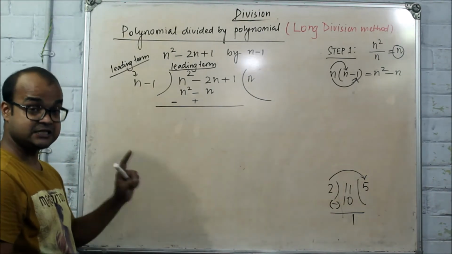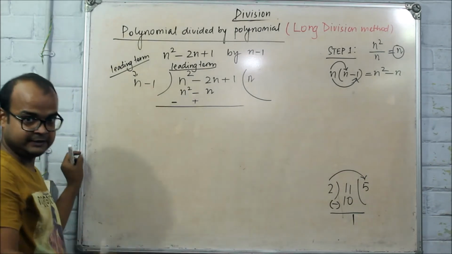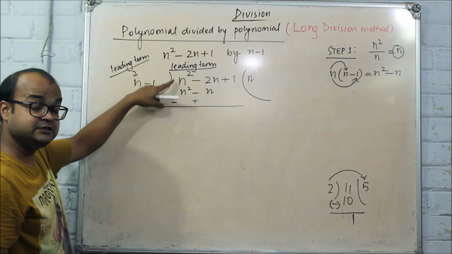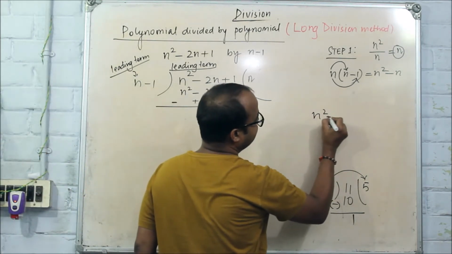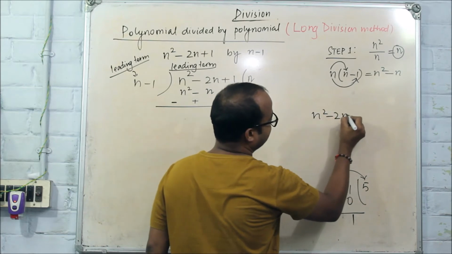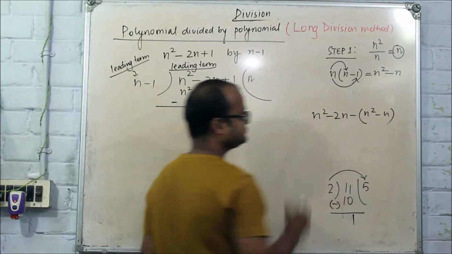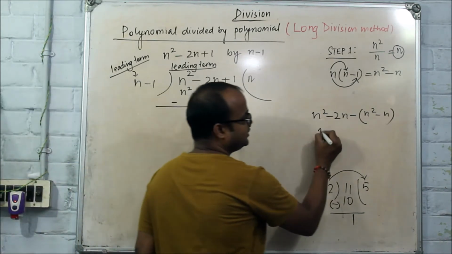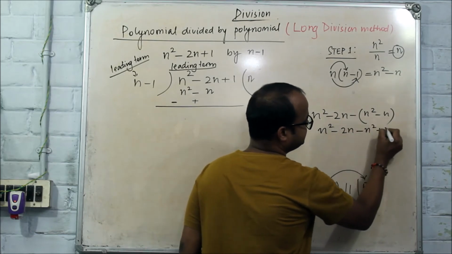Why? Because we are going to subtract these two. So if you subtract, we write n square minus 2n minus of n square minus n. We are going to subtract these two. So n square minus 2n minus n square plus n.